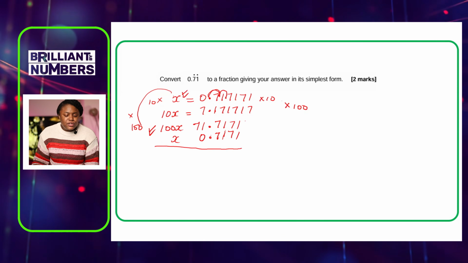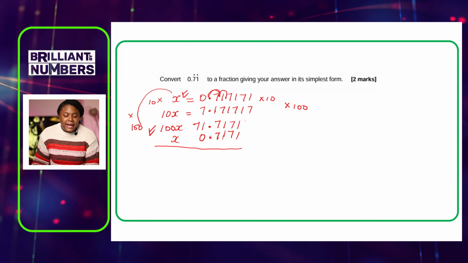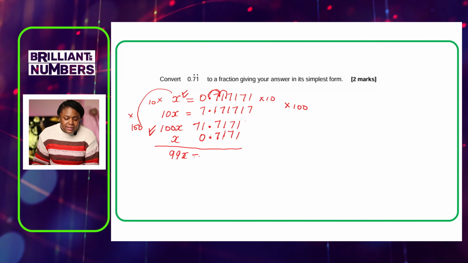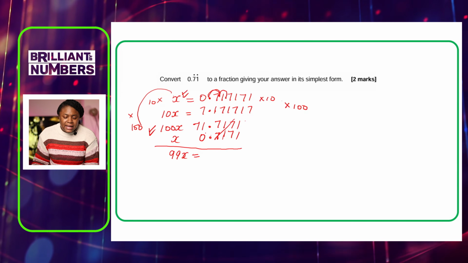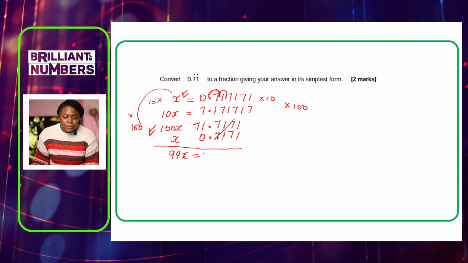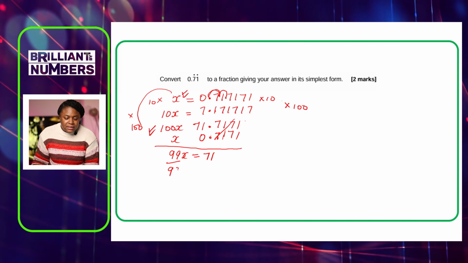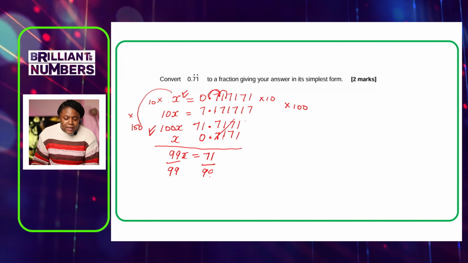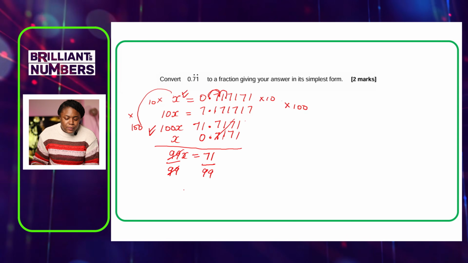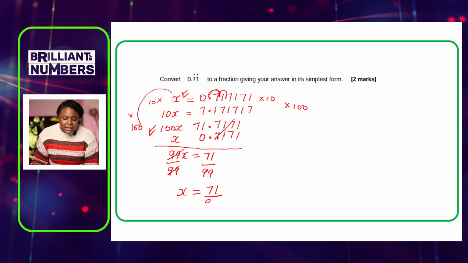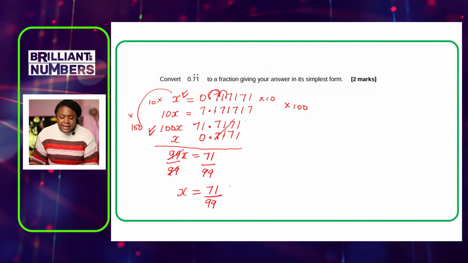So if I do 100x take away x, that will leave me with 99x, and that's equal to, all of this bit cancels out, 0 take away that will be just 71. Now to make x the subject, I divide by 99. This cancels out, leaving me with x equal to 71 divided by 99, which cannot be simplified any further.